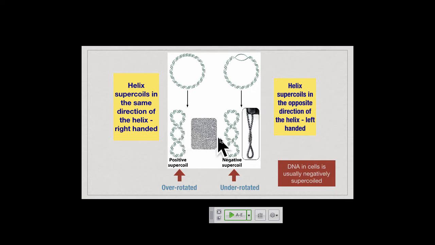The negative supercoils, when it's under-rotated, flip in the opposite direction. So if you look, this strand is crossing over the top here and behind this one, and it's the opposite over here. So you still get supercoils, it just depends on which direction it flips.